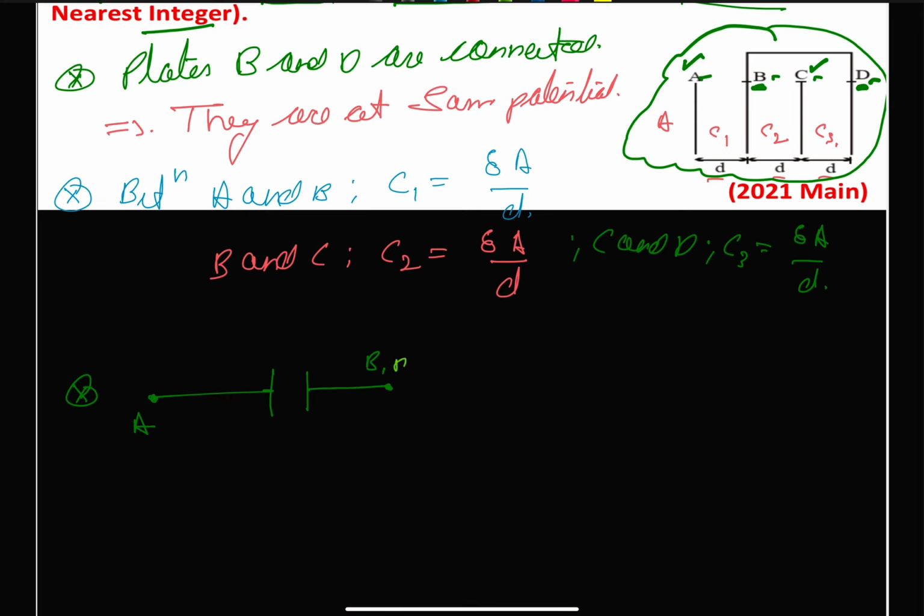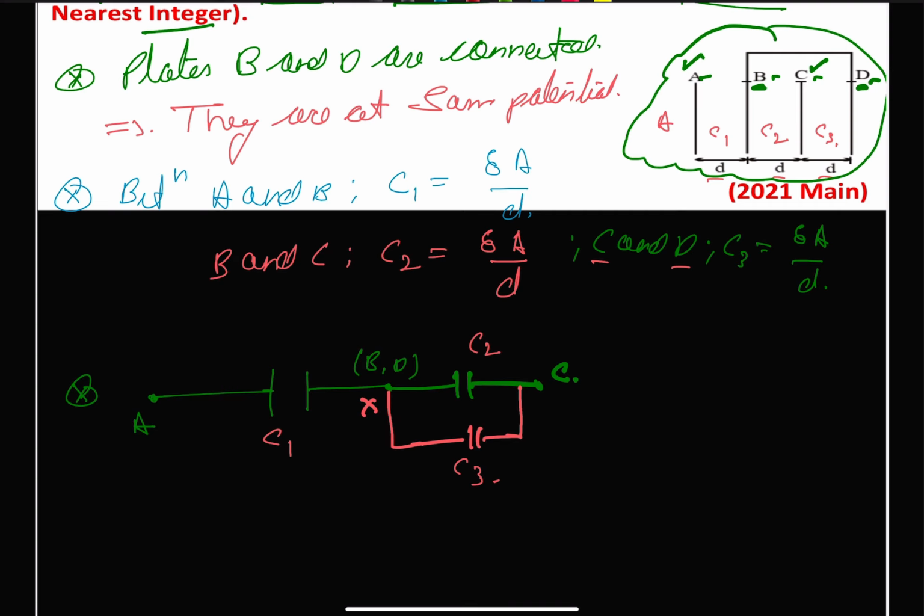Let us call this common point X. Then between B and D, which is common, one is C, and second is between C and D, with this common node at X. So between A and B we have C1, between B and C we have C2, and between C and D we have C3. So this is the equivalent circuit of the given circuit.